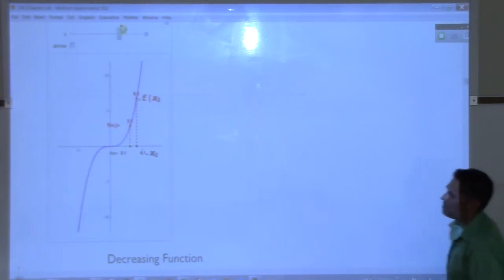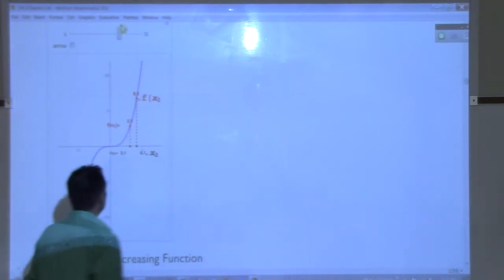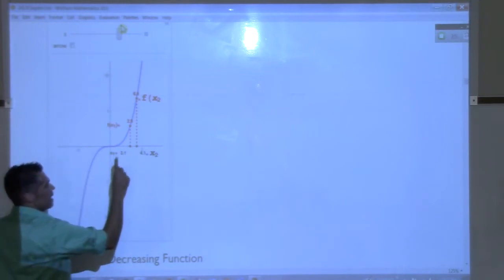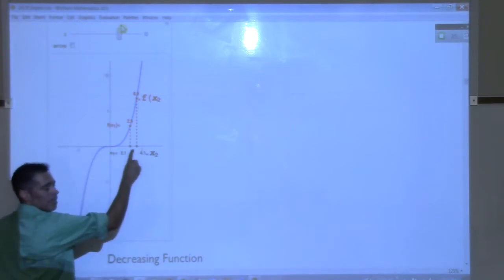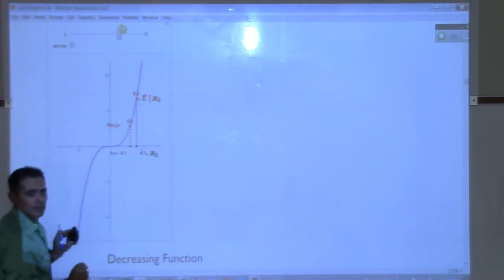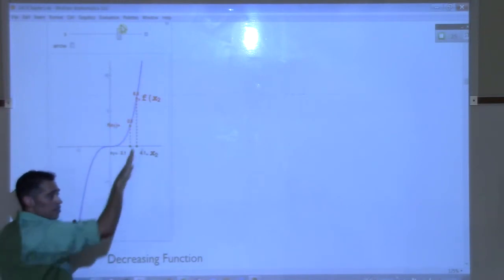It can get kind of messy when you really start to get technical about it. But to be increasing means that if I have 2 points, this point is to the left of this point. So point 1 is to the left of point 2. Then the height at this point needs to be lower than the height at the other point. Right? That's what it would mean for a function to increase.